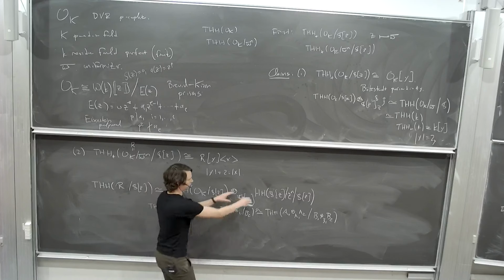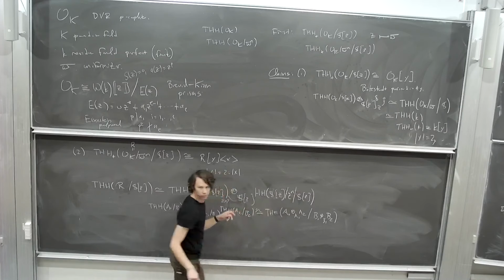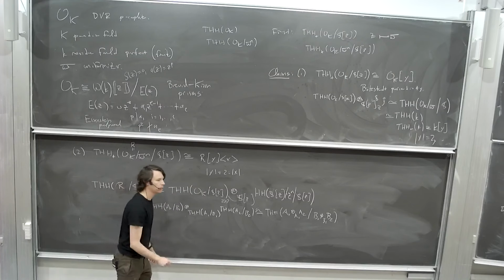And then you can make a further tensor product to here, and then remove all of the spheres.